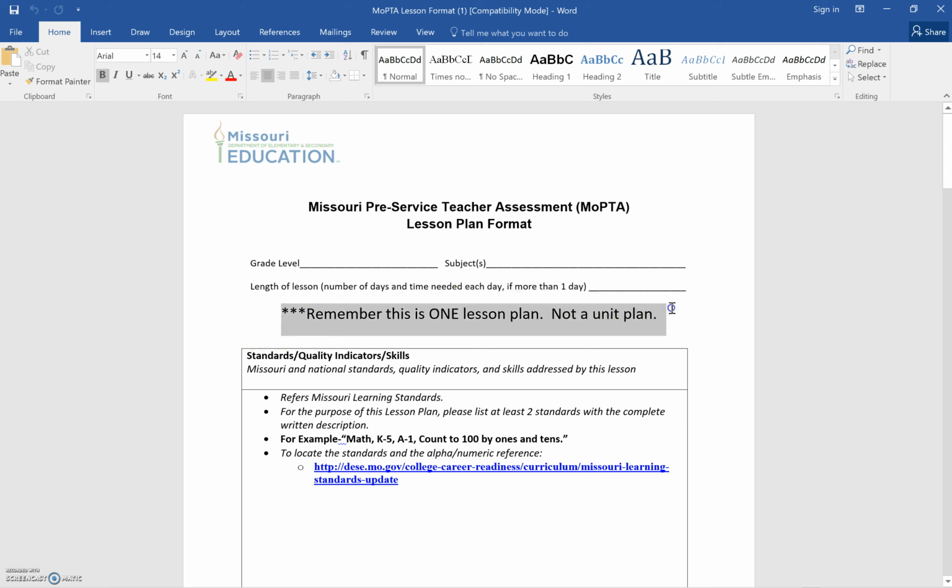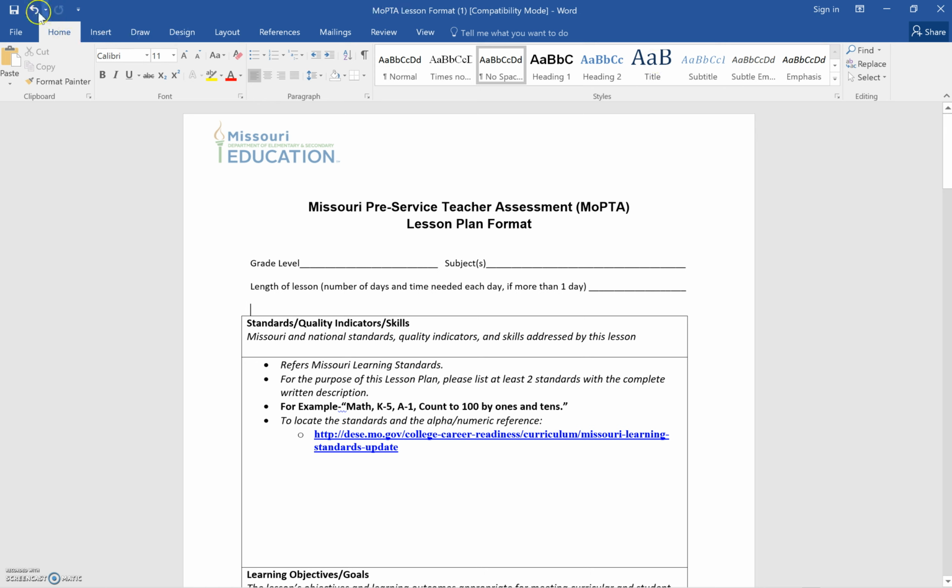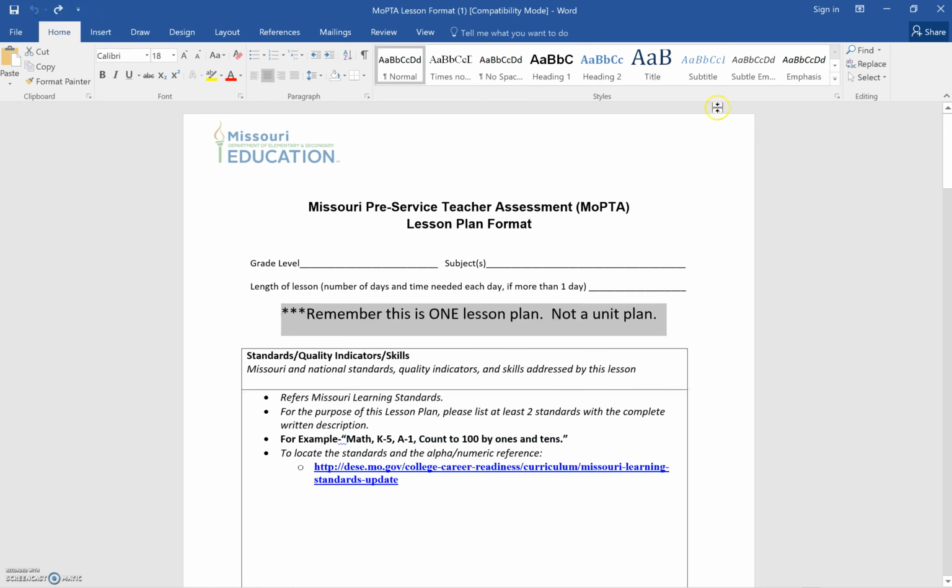Delete that out. Just highlight it and delete it so that it's not in there, and then it makes your lesson plan look a little more polished. To go to that point, this is one lesson plan. I'm not looking for an entire unit here. I'm looking for one plan, one activity that the students would do, one lesson. So don't overthink it. Don't make it more complicated than it has to be.